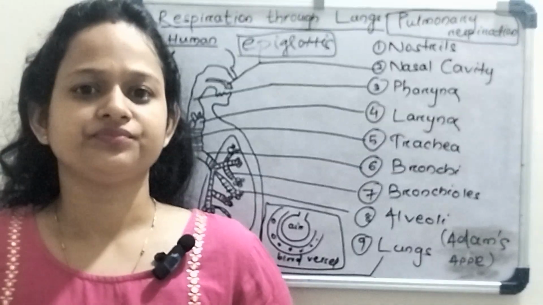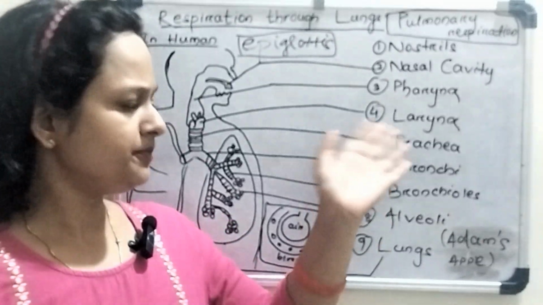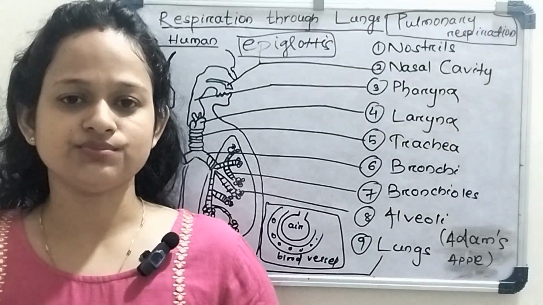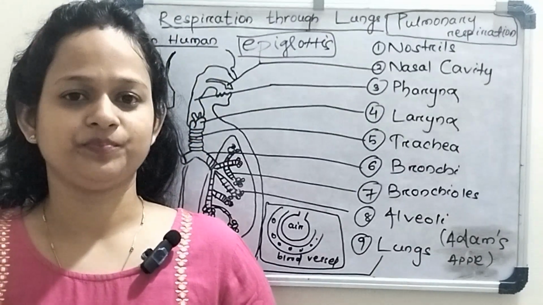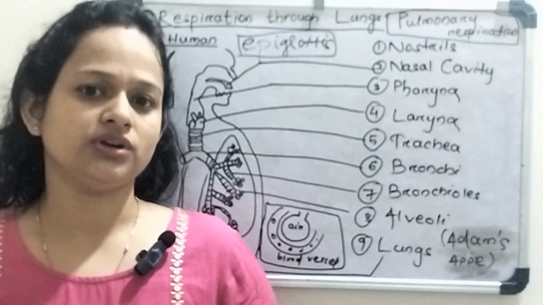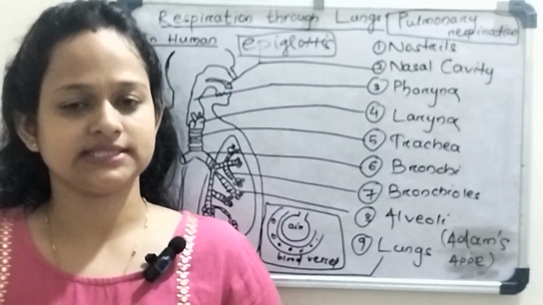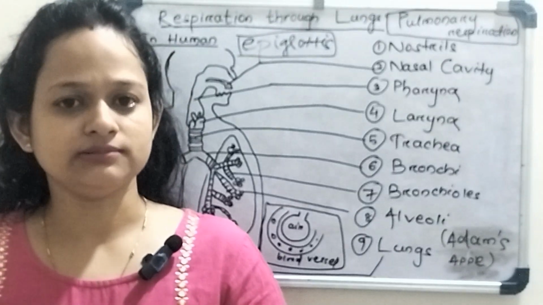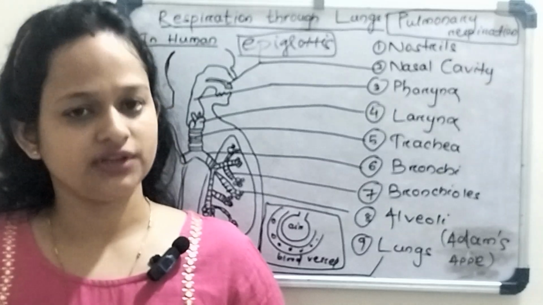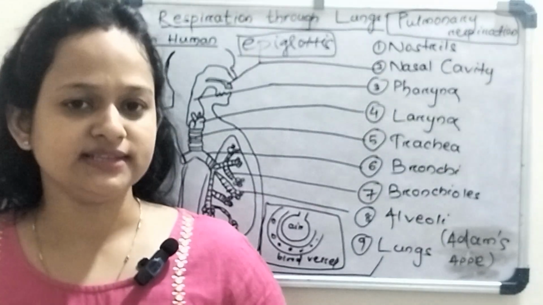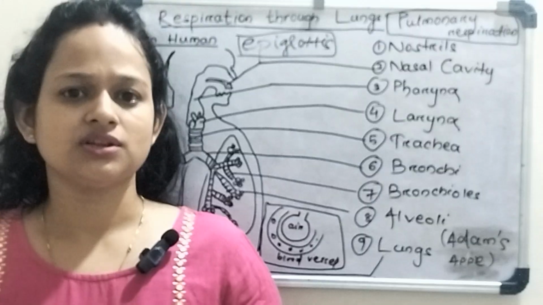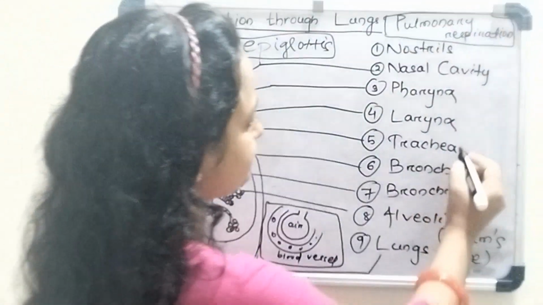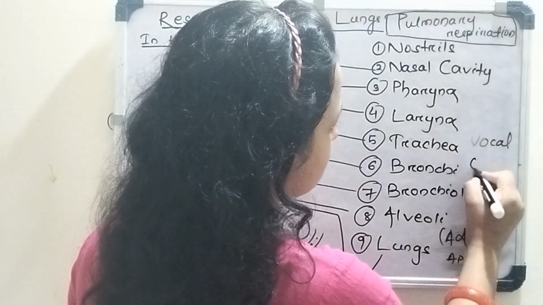From the pharynx, the air enters the larynx. The larynx is also known as the voice box or the Adam's apple. The larynx also contains ciliated and mucus secreting cells, and it helps in filtering the air. The larynx contains cartilaginous or ligamentous cords which are known as the vocal cords.